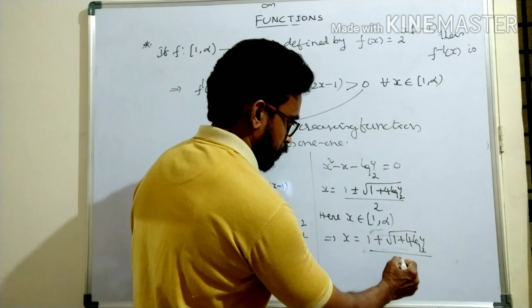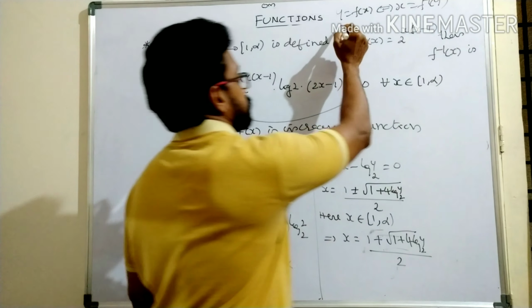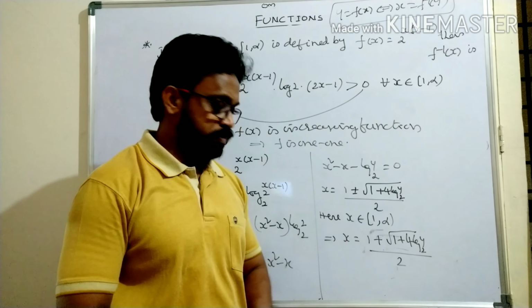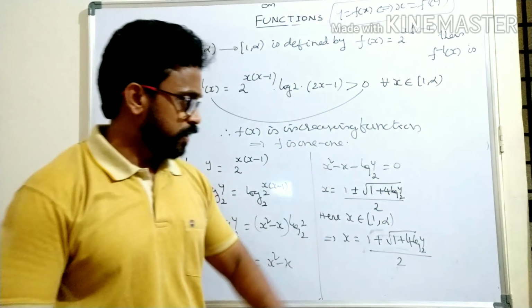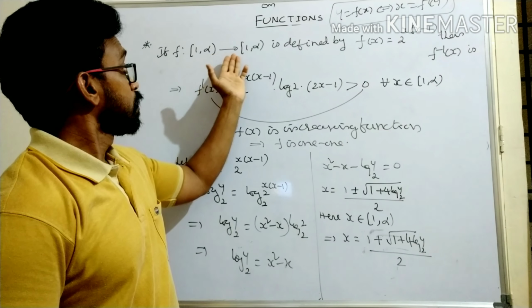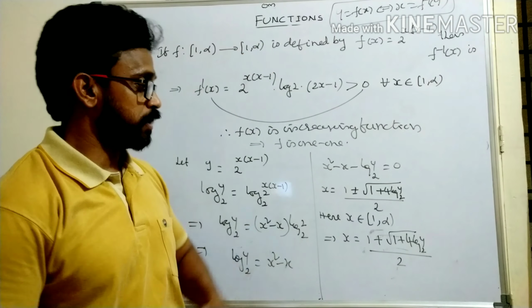Now, one statement I gave: y is equal to f of x if and only if x is equal to f inverse of y. And before that, what about the range of this function? That is, identify the y values. This function is defined according to the codomain [1, infinity).